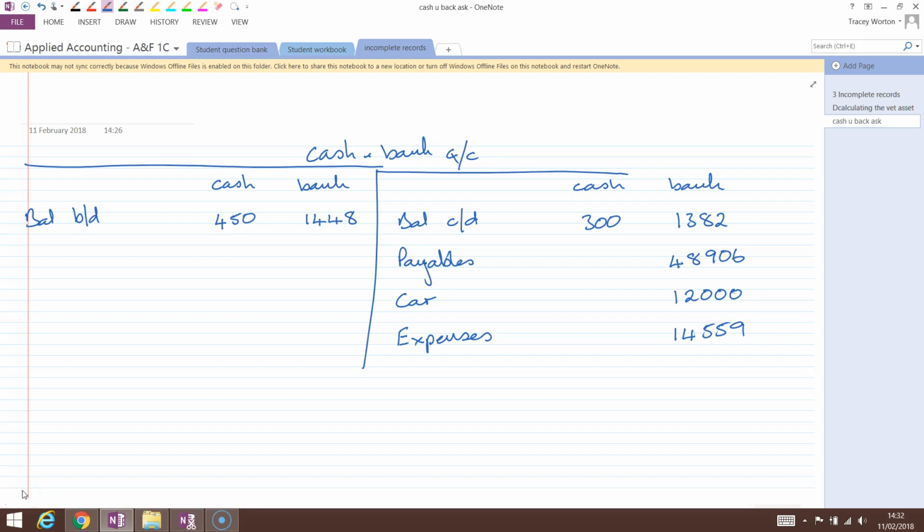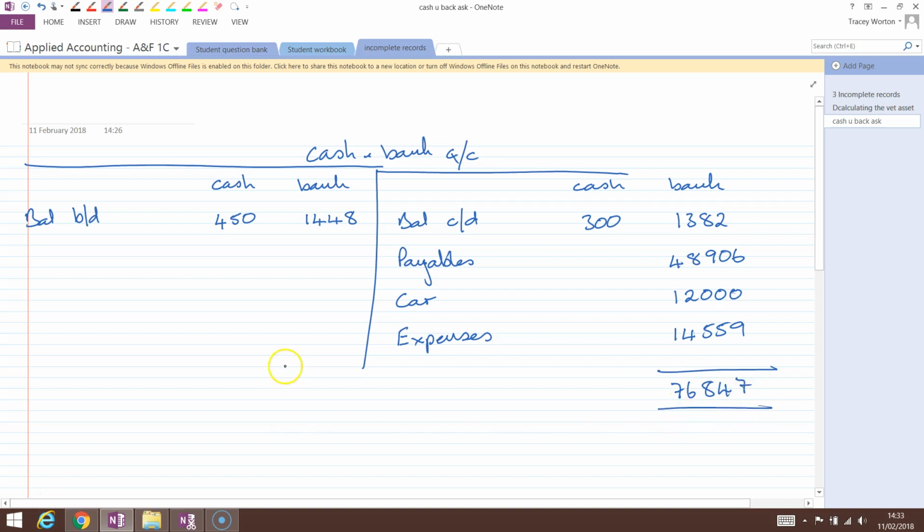So now we can actually balance off the bank account. There's no other entries that have gone through. So by balancing it off, we can actually find out how much money was paid into the bank account. So totaling the bank account up then. So totaling up the credit side, we have 76,847.